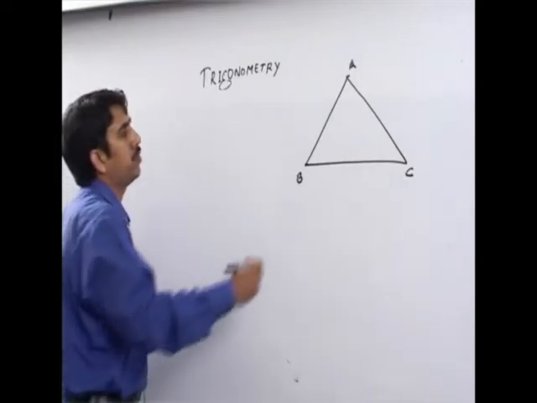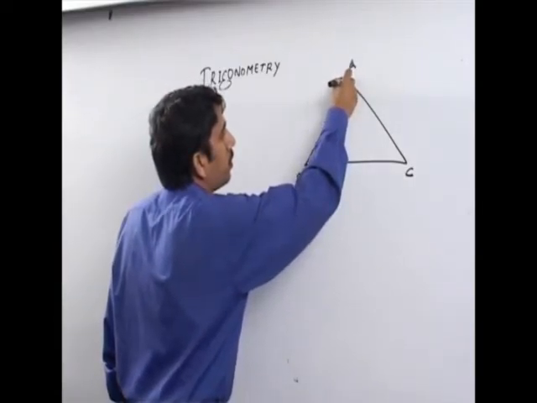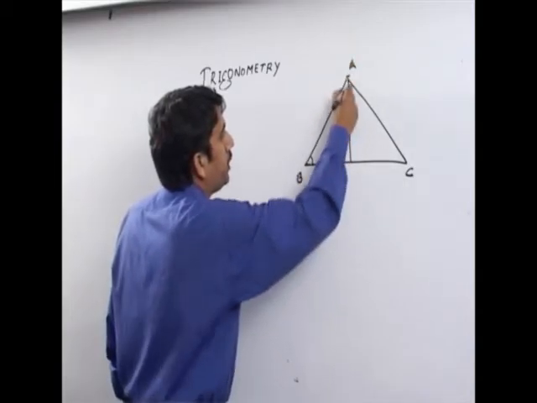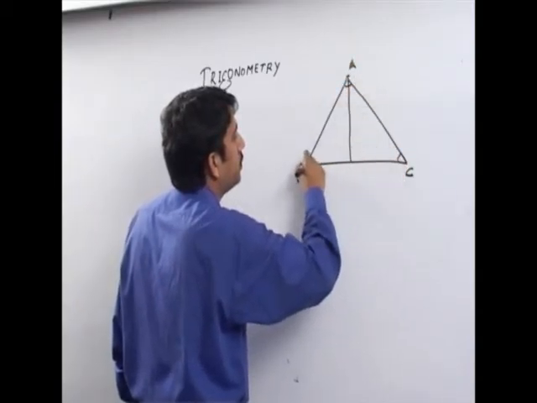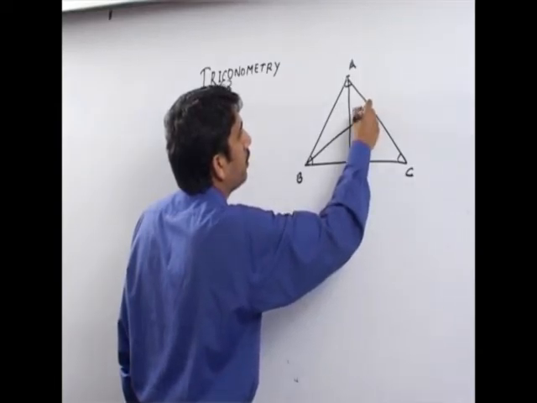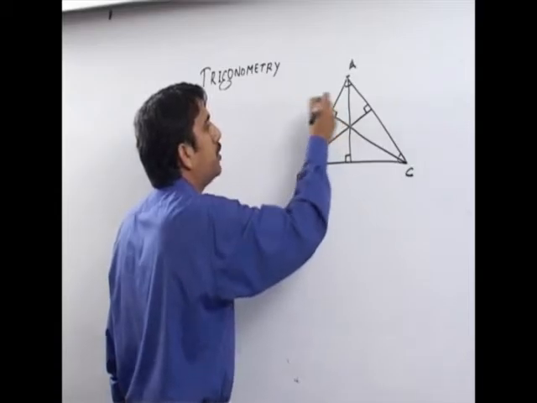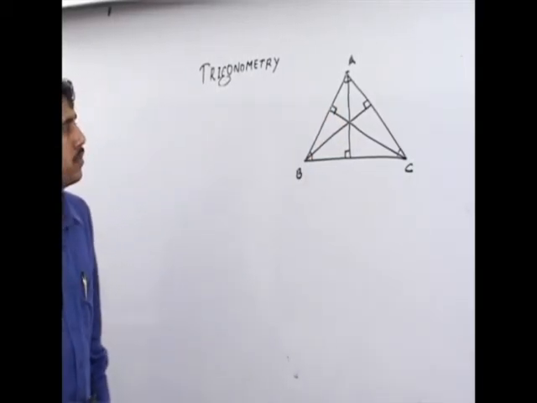Now draw a perpendicular from A, B and C respectively on opposite sides.